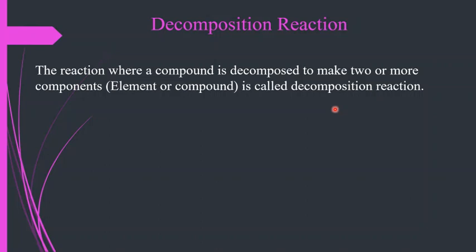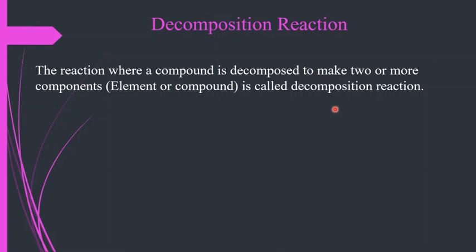In decomposition reaction, in the reactant side, there is only one compound, and this compound is decomposed or is broken to make 2 or more elements or compounds. This type of reaction is called decomposition reaction. This reaction is totally opposite of addition reaction.